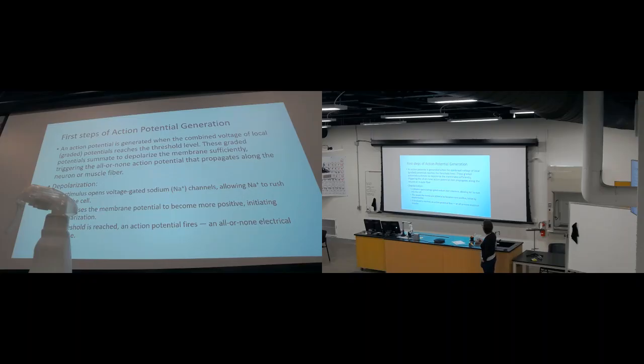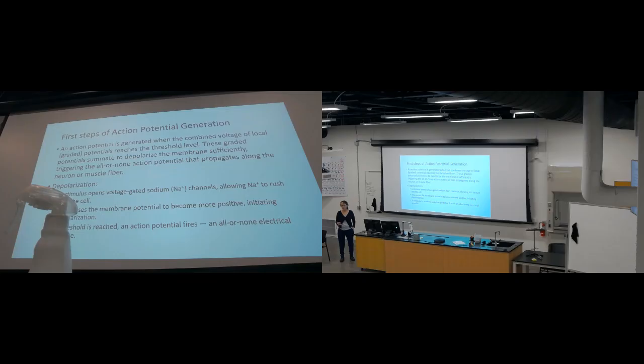So you have a depolarization step in which you open your sodium channels, and that brings sodium into the cytoplasm of the cells, and that will create a positive charge inside.